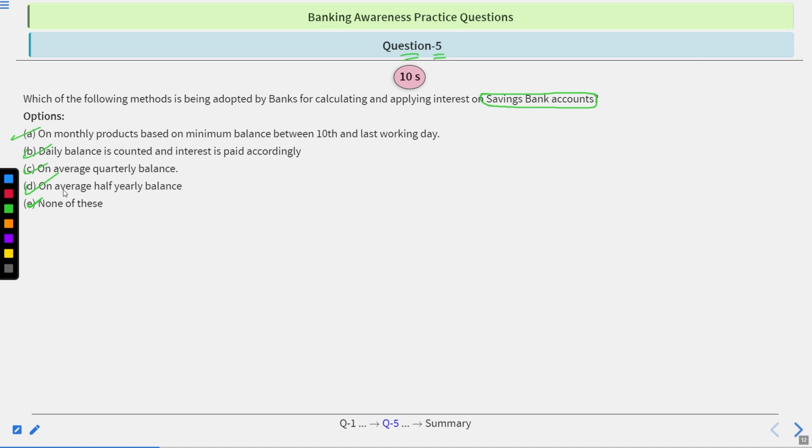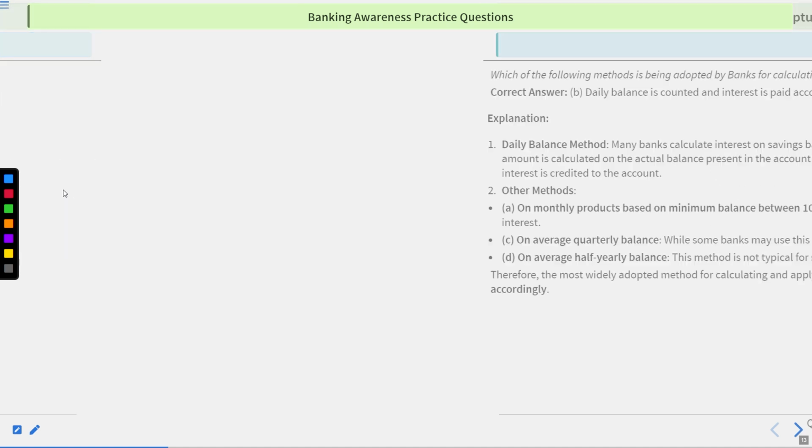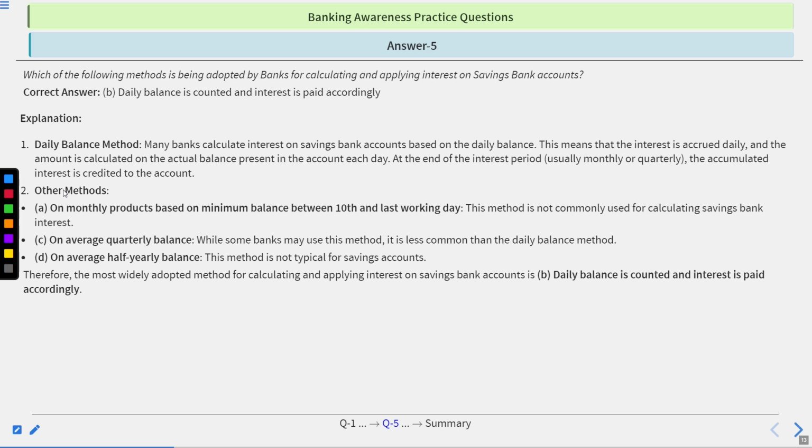To answer this question, again you have 10 seconds and your time starts now. Okay, the time's up. The correct answer is daily balance counted and interest paid accordingly.